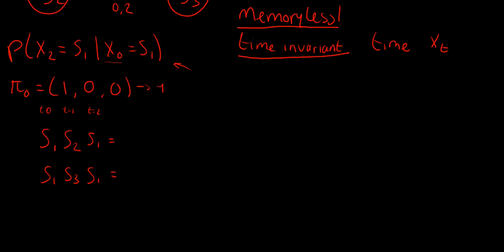We can calculate these probabilities by just looking at the Markov chain or looking at the matrix and seeing what each transition probability is. So from S1 to S2, that probability was 0.6, multiplied with the probability of S2 to S1, which was 1. So this is 0.6. For this one, from S1 to S3, the probability is 0.4, multiplied with the probability of going from S3 to S1, which is 0.8.